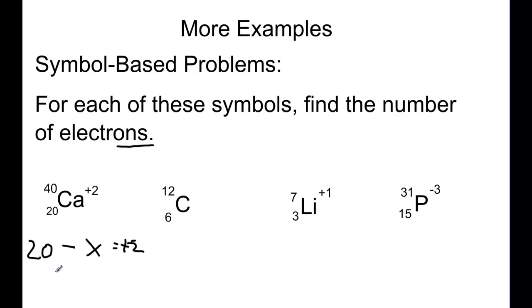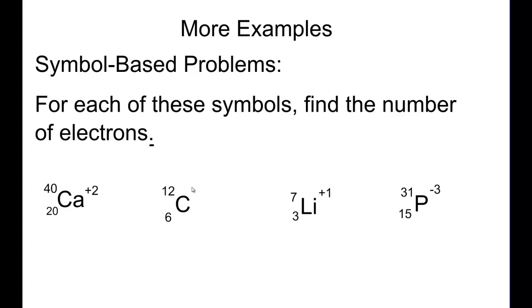So x equals 18. 20 minus 18 equals 2. All right? So you can always double check yourself. That's the really nice thing about these problems, is there's more than one way to solve it. So you can always double check yourself with an additional way to solve it. So really there shouldn't be any reason to get these wrong unless you're just being careless.